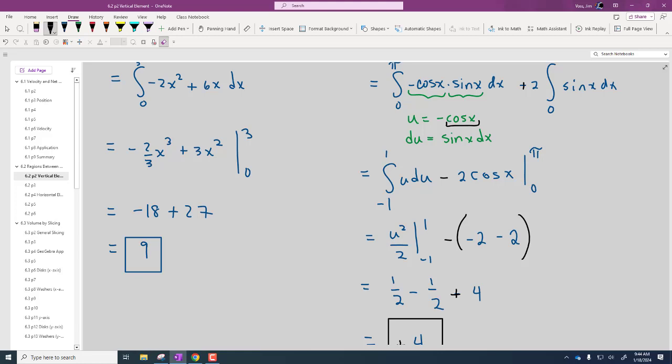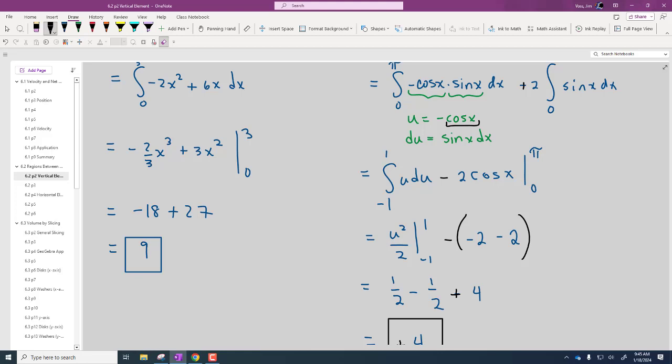You see it? And you could have chosen a different u. You could have chosen u equals just cosine or just sine also, but if we do use this negative cosine as our u, we just have to remember that it's -1 times the derivative of cosine. And the derivative of cosine is negative sine, and then we multiply by the -1. Okay, I see.